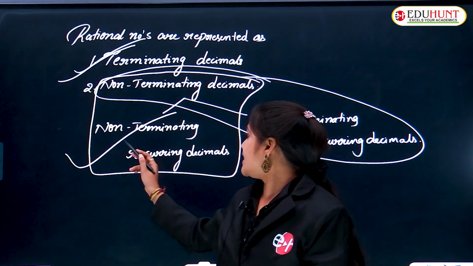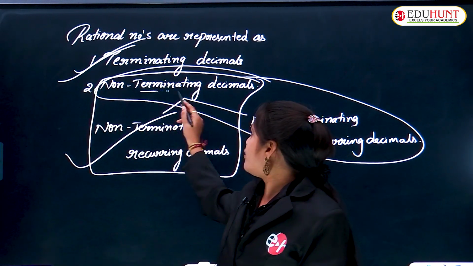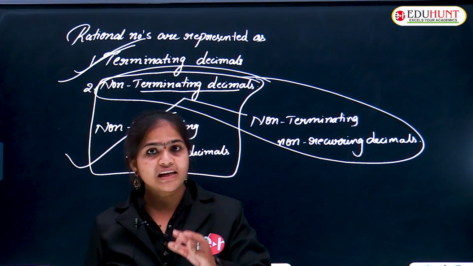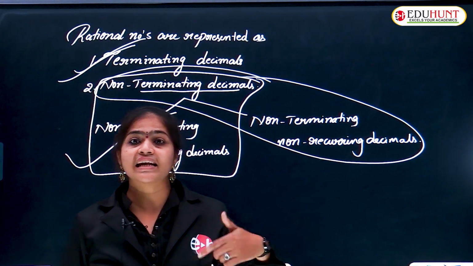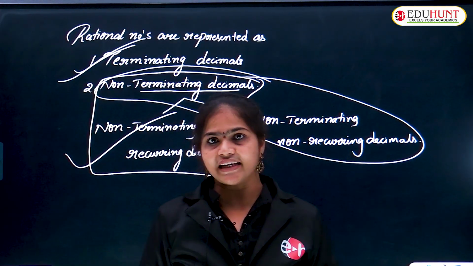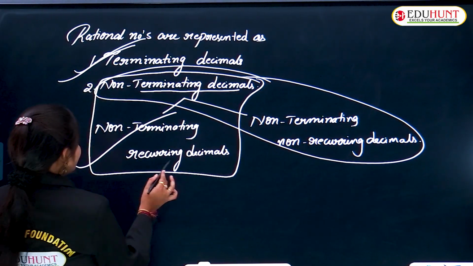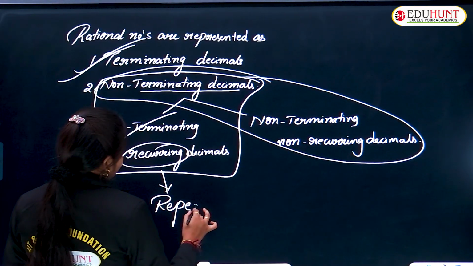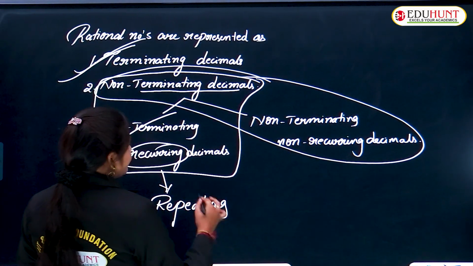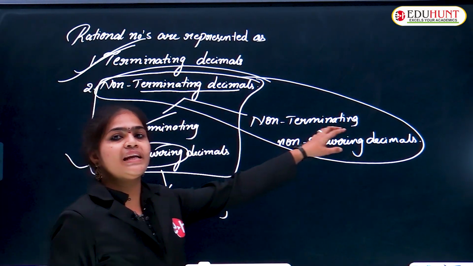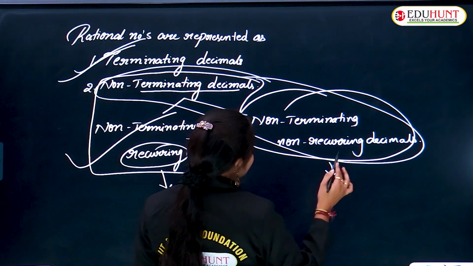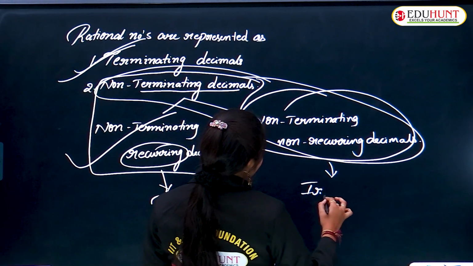Non-terminating recurring decimals are a part of non-terminating decimals. Those decimals are non-terminating and also recurring. Recurring means repeating. Recurring is nothing but repeating. So we have repeating decimals and non-repeating decimals. What will we call them? Non-terminating non-recurring decimals are irrational numbers.